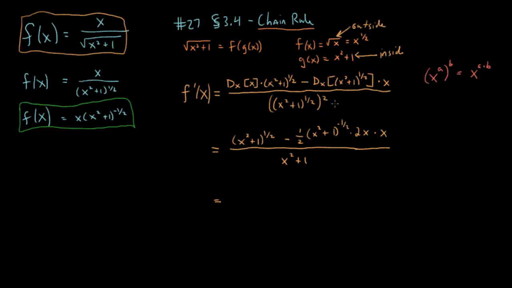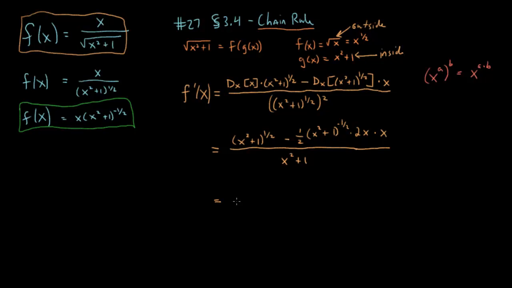Now, it may not be obvious here what to do. You may want to rewrite this in terms of radical notation, which will produce a fraction here because you have a negative 1/2 power. You might prefer to think of it that way, then get a common denominator to simplify the numerator. But here's how I would do it.